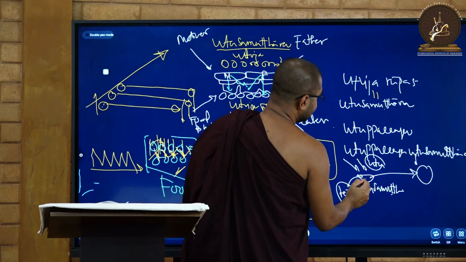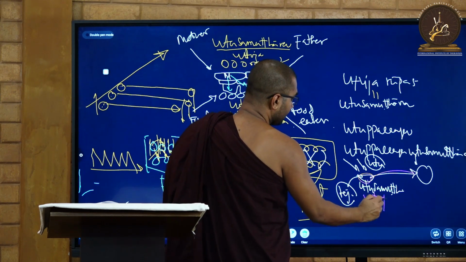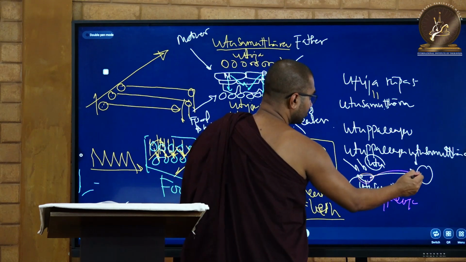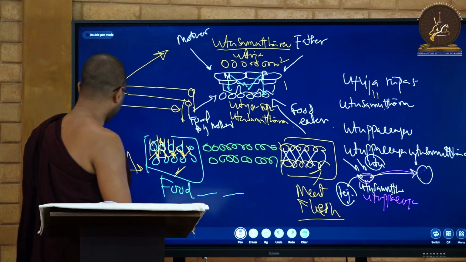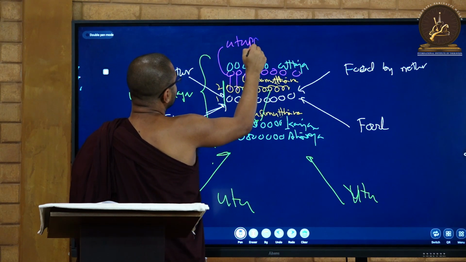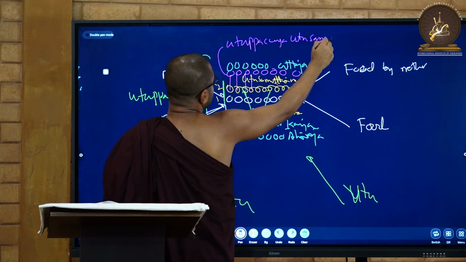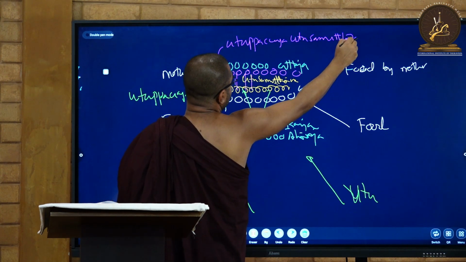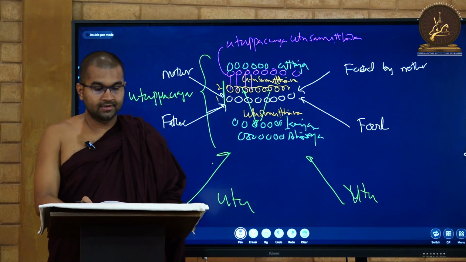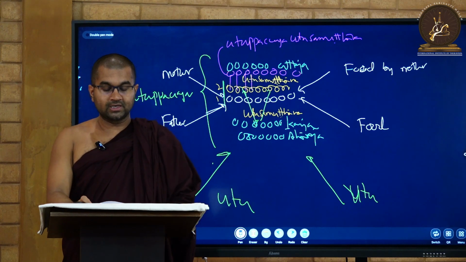If a Rupa arises from Utusamuttana, which is also Utupachya due to being influenced by the Utu, this is called Utupachya Utusamuttana. Therefore, this third generation can be called Utupachya Utusamuttana.